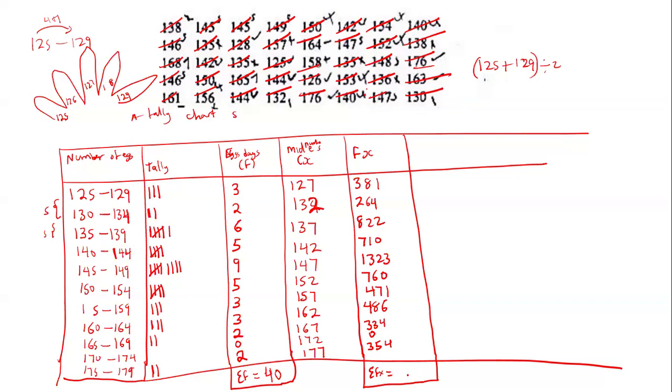Okay, let me get the total. 381 plus 264 plus 822 plus 710 plus 1323 plus 760 plus 471 plus 486 plus 334 plus 354.